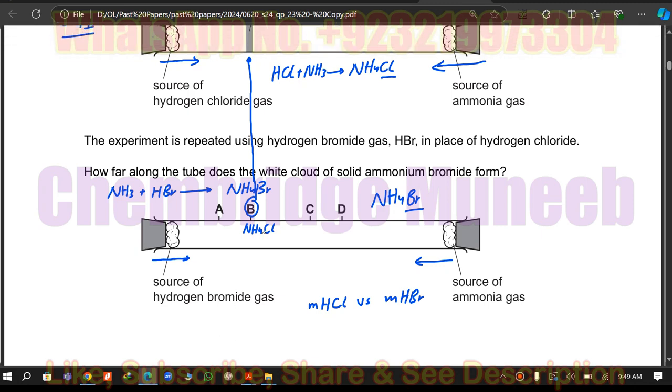Because of this, the movement of the hydrogen bromide will also be slower as compared to the hydrogen chloride gas.